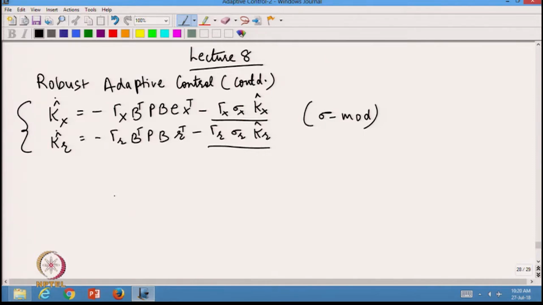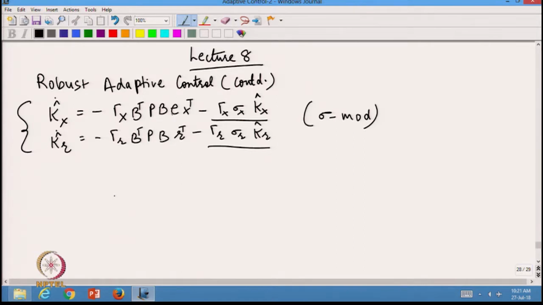So, there are some limitations associated with the sigma mod term, which researchers found out. So, one of them is that when the tracking error becomes very small. So, for example, let us look at this k x hat dot equation.